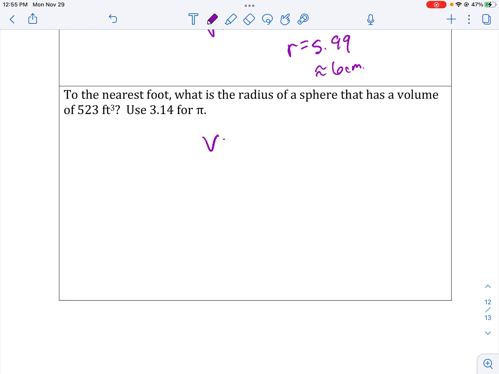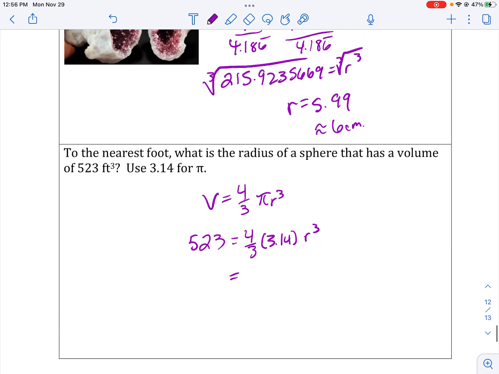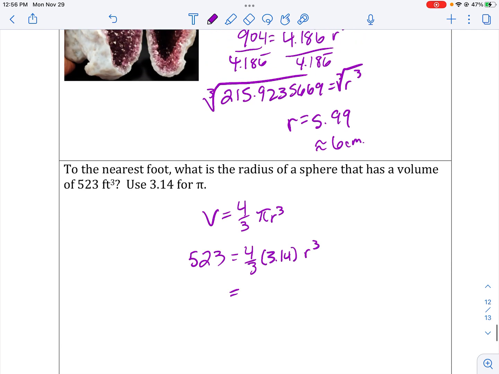Once again, write down our volume formula and substitute what we know. So there's our volume. We're using 3.14 for pi. When I multiply 4/3 times 3.14, I get that number. So I'm going to divide by 4.186, where the 6 repeats.